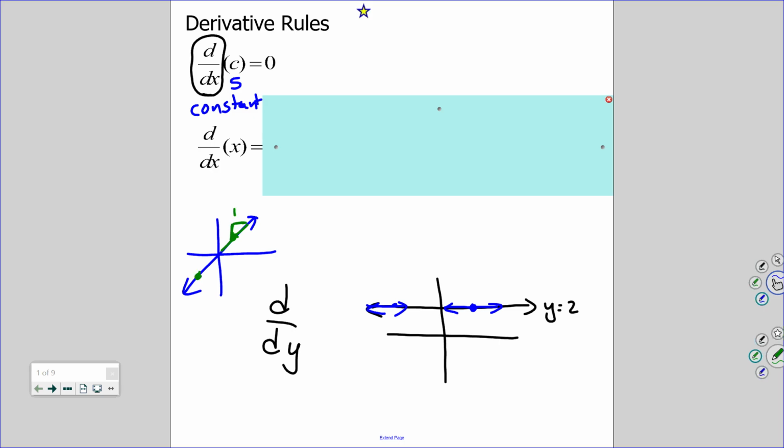And that doesn't matter where I take a point, because this is y equals x, it would have a slope of up 1 over 1. So the derivative of x would just be 1. So those are some basic derivative rules, and that's something that I would expect you to know without having to run through the whole definition of a derivative.